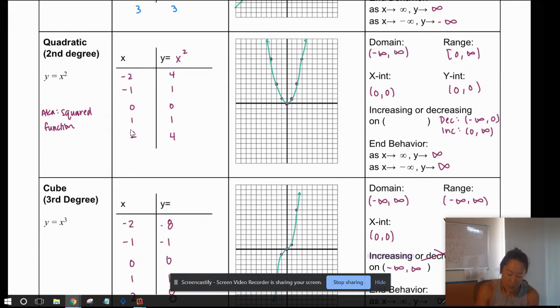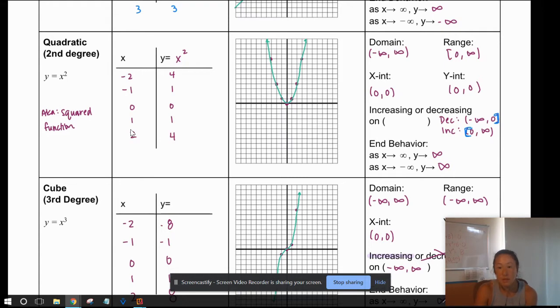Okay. This graph increases and decreases, so it's read left to right. From negative infinity to 0, the graph decreases, and then from 0 to infinity, the graph increases. I've also seen in other books that sometimes they use a bracket at the 0.